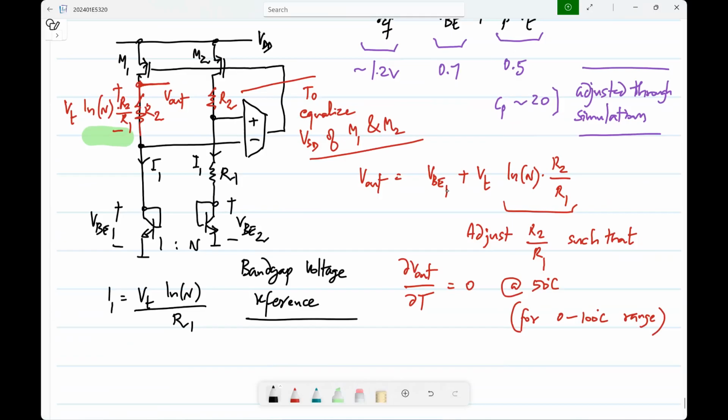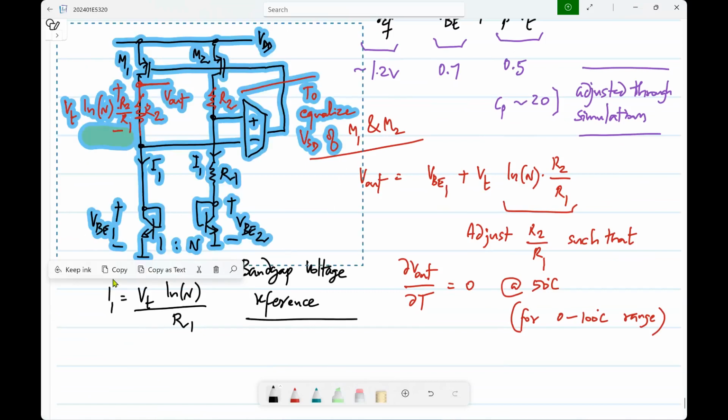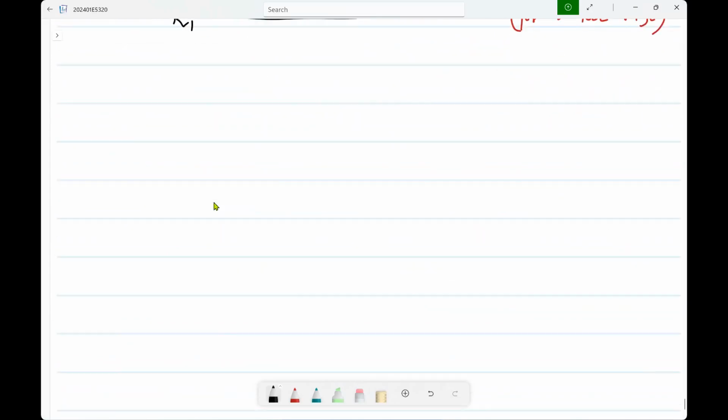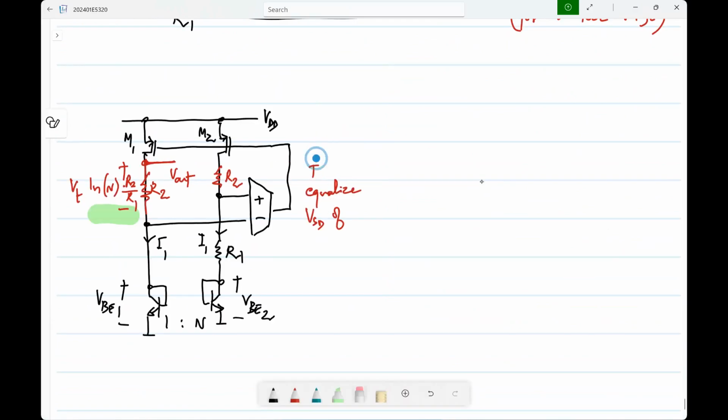Now, the standard version is slightly different in that this also will work, of course. What is the voltage here at the drain of M2 in this circuit? What will be the voltage at the drain of M2?